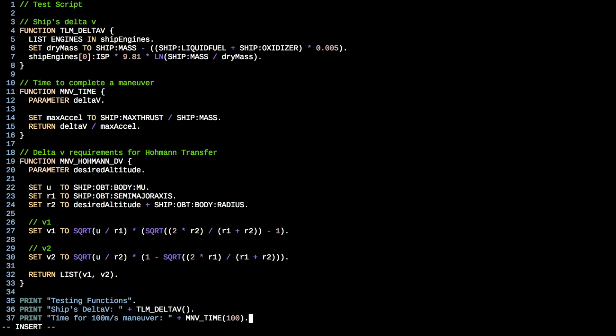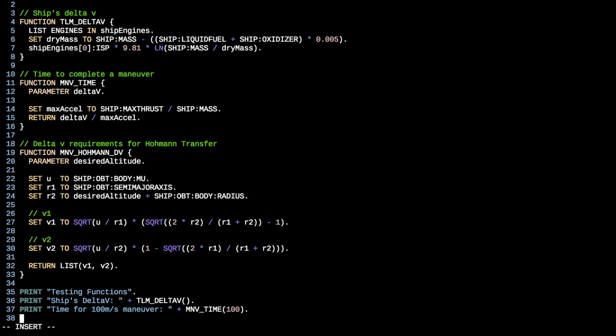We'll pass that in. So that's the delta V that we want to test for. We want to say how long will it take us to complete a 100 meter per second maneuver, and then we can go ahead and create a maneuver node in our orbit and see, well, does it match up? We won't execute it, but we'll just use it to test.